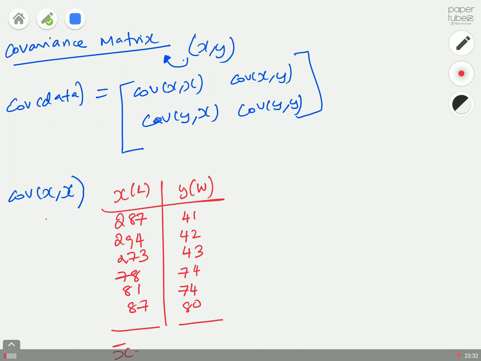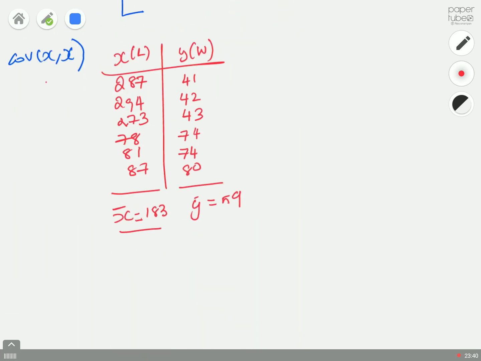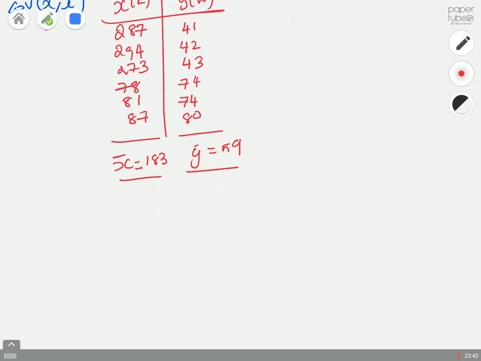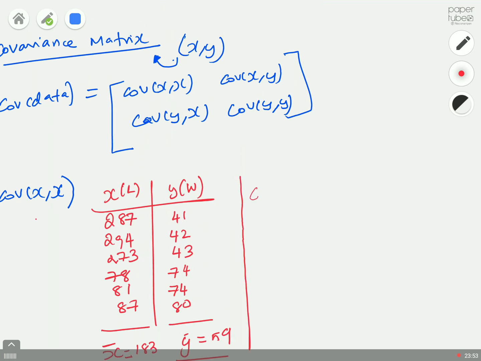I already calculated the value, this should be equal to 183. The average of y should be equal to 59. Yes, and we already have average of x, average of y, and now it's easy to calculate the covariance of x.